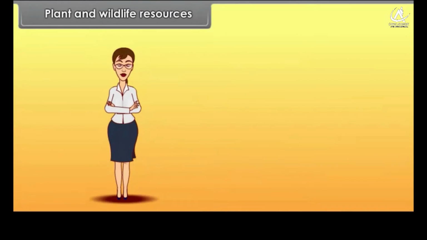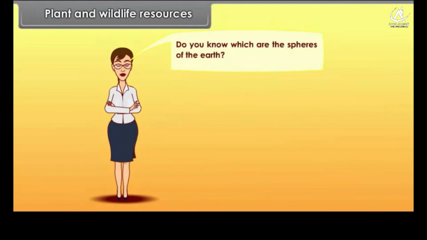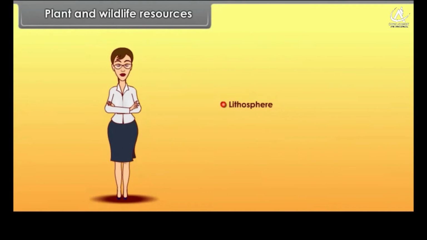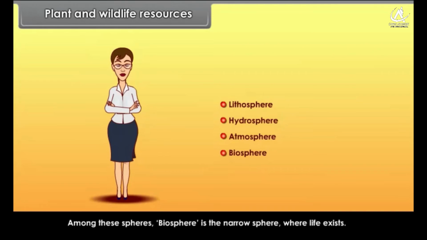Plant and wildlife resources. Do you know which are the spheres of the earth? Lithosphere, hydrosphere, atmosphere and biosphere. Among these spheres, biosphere is the narrow sphere where life exists.